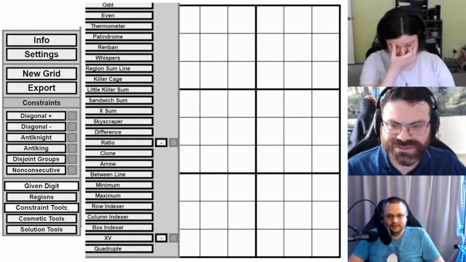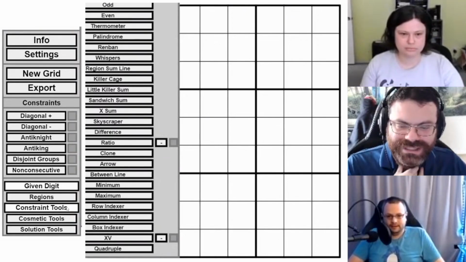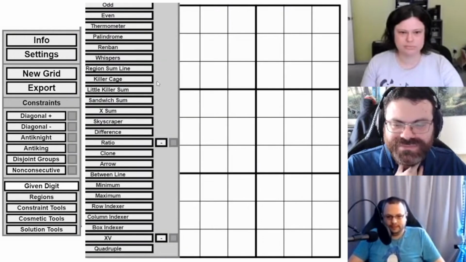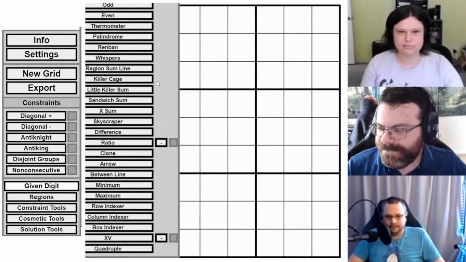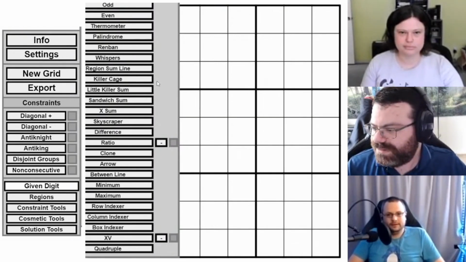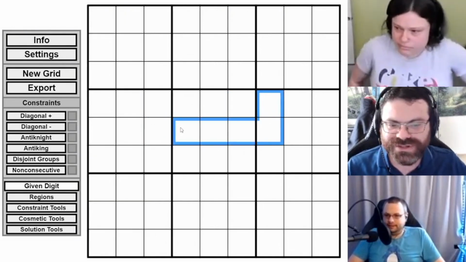So this is the list of constraints that I support at the moment. And I think we can come up with some ideas of what would be some cool constraints to combine, and then come up with some ideas on what we want to do with that. And just start setting. And I'd love to have chat participation, and not just for my hosts, but we'll see how that goes.